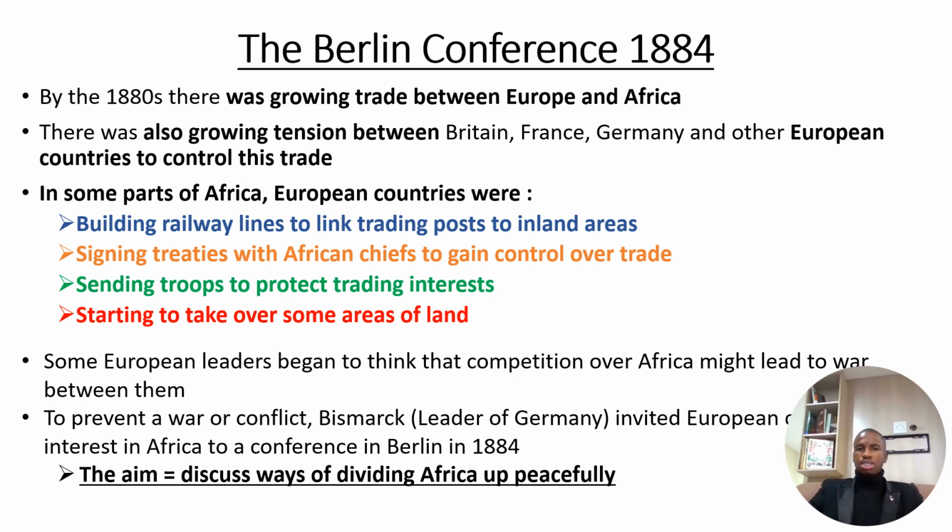In some parts of Africa, European countries started to build railway lines to link trading posts to inland areas of Africa. There was also the signing of treaties with African chiefs to gain control over this trade. Other countries started to send troops to Africa to protect their trading interests and posts.